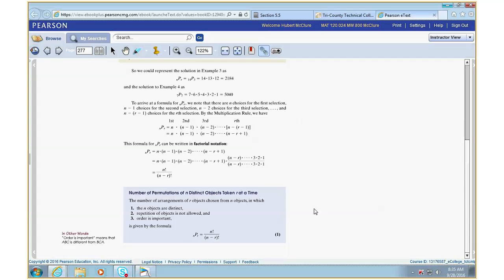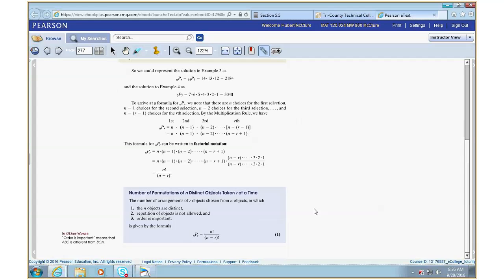So write it down. nPr, n is n and r subscript, equals n factorial over (n minus r) factorial. That's the permutation, which means order.